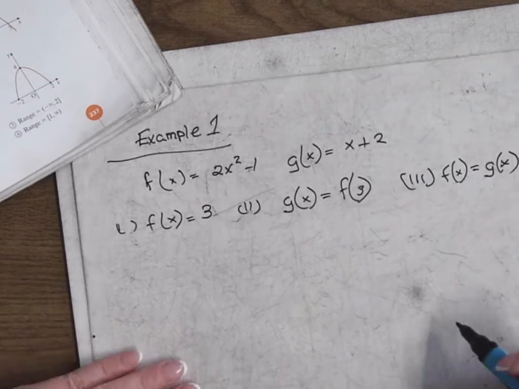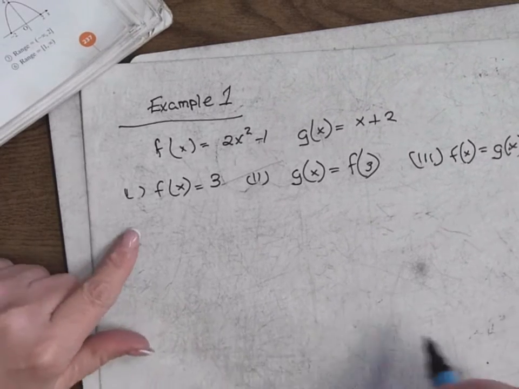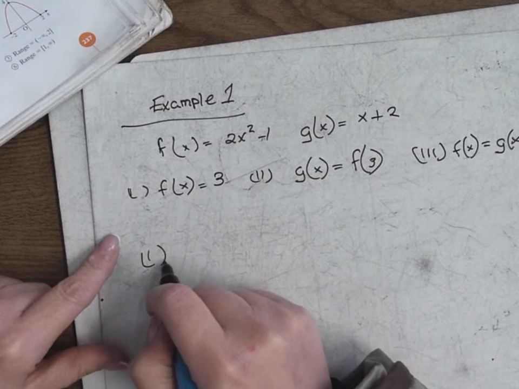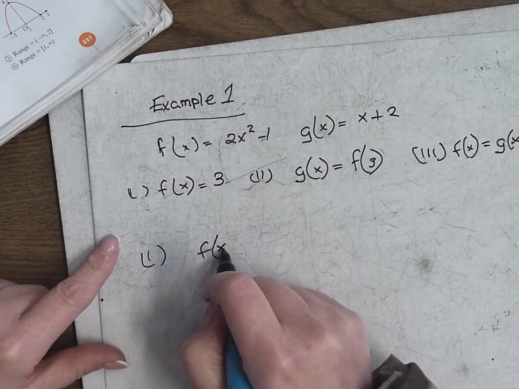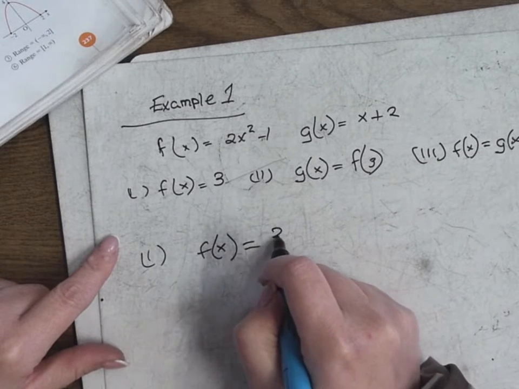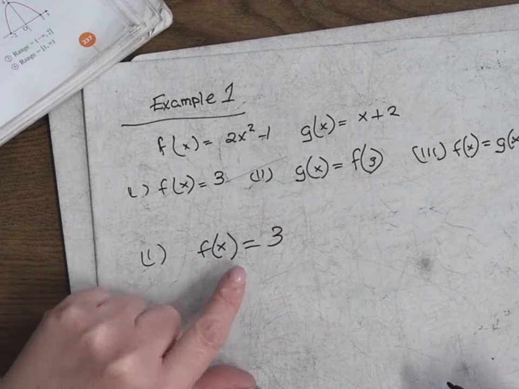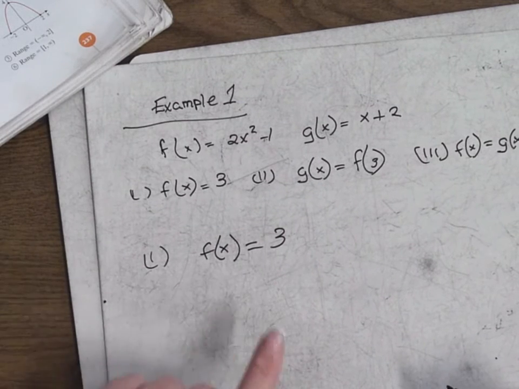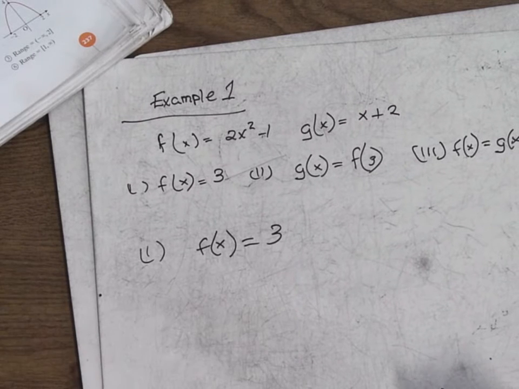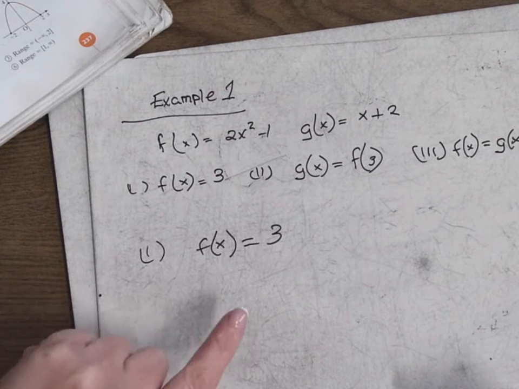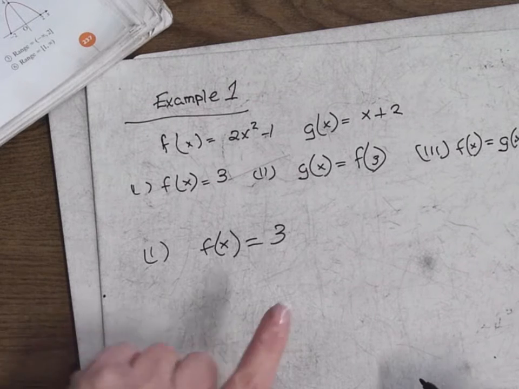In part 1, they tell me f of x equals 3. This says I put in something for x. I don't know what I put in for x, but the answer I got out was 3. This time they're telling me the outcome. How do you know it's the output?